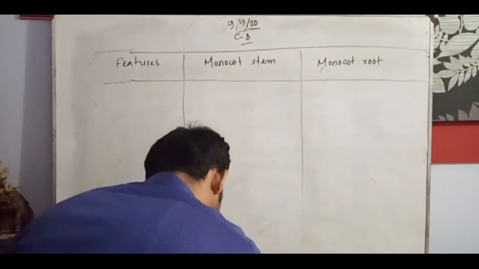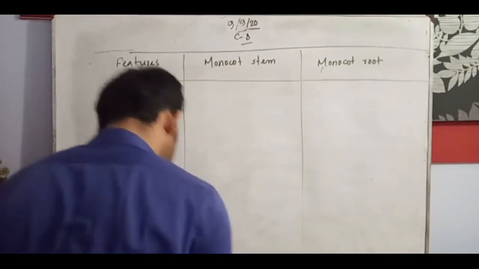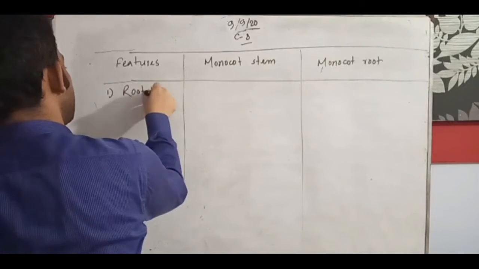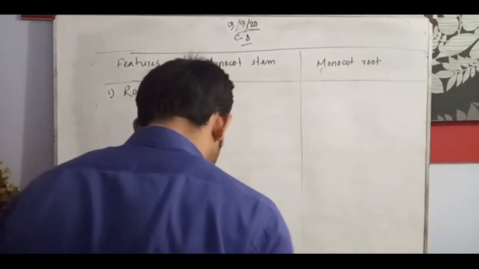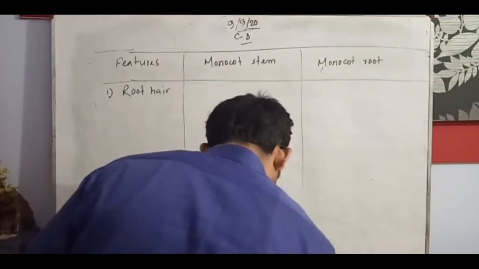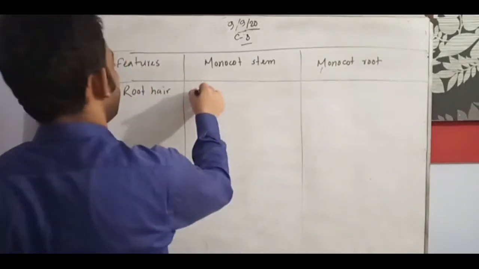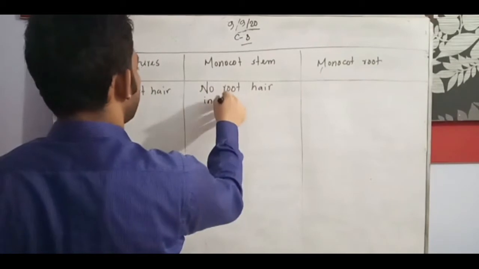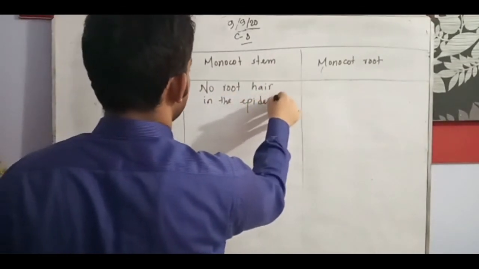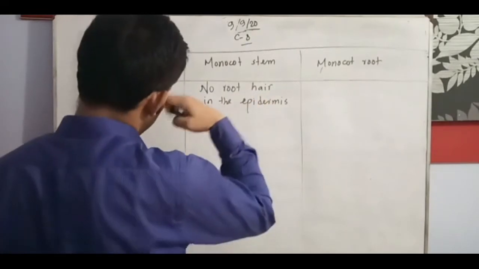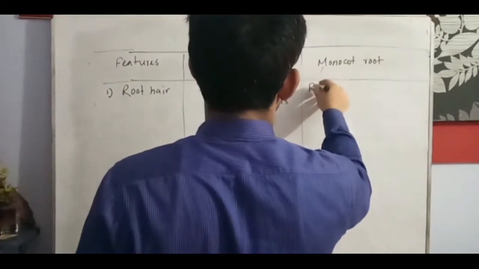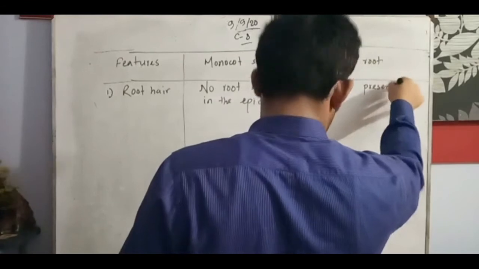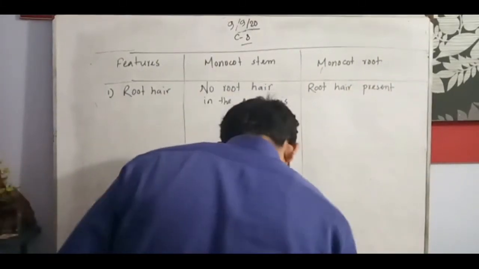Okay, root hair. First feature, if we go through understanding root hair: there is no root hair in the epidermis, and root hair is present in the epiblema.